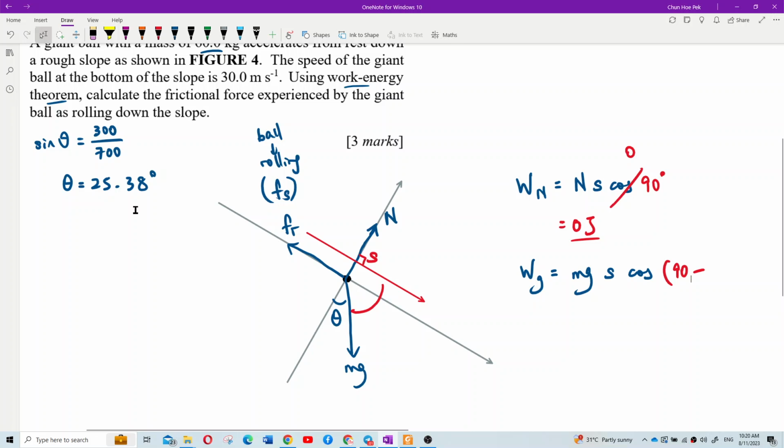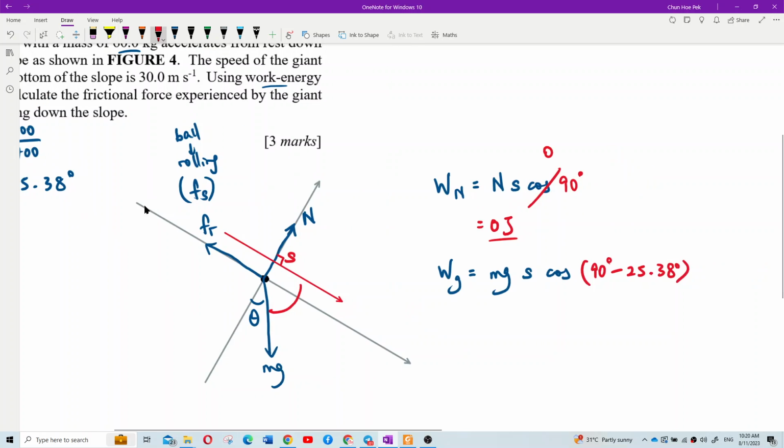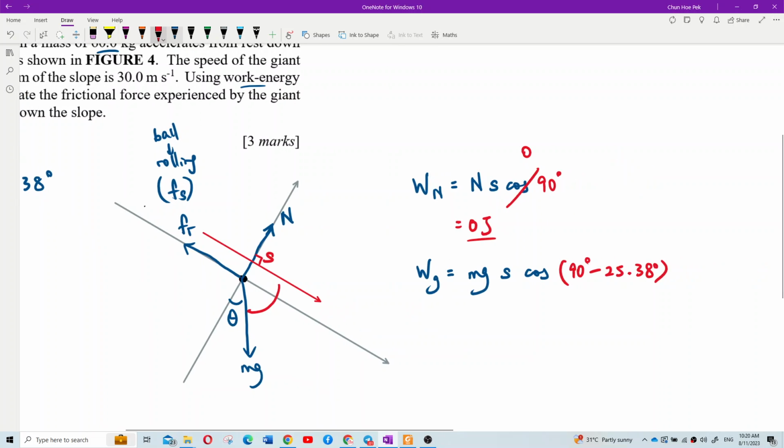So 90 minus 25.38 degree. So what is it, class?